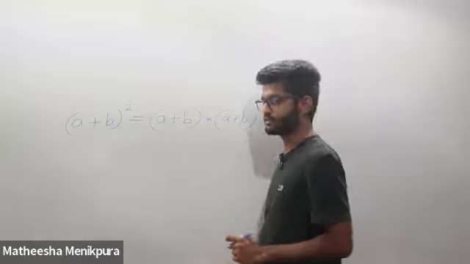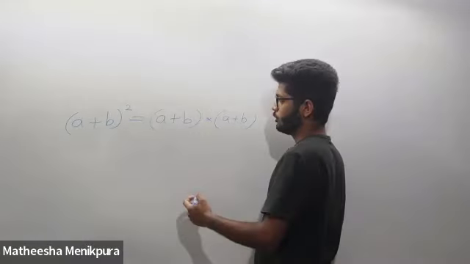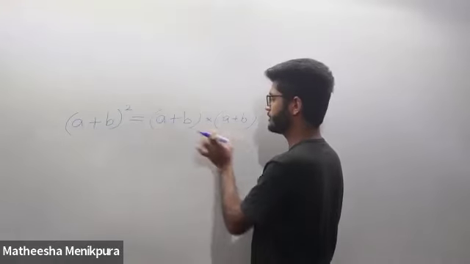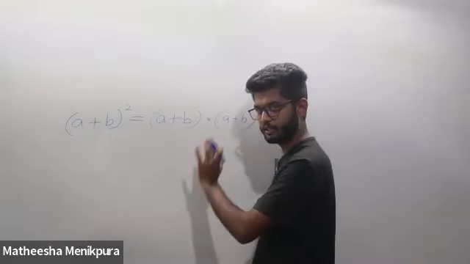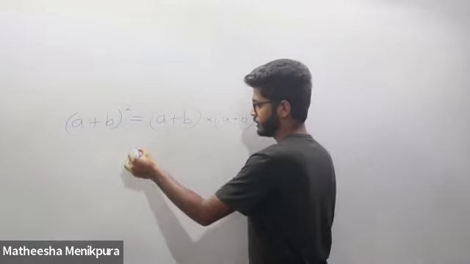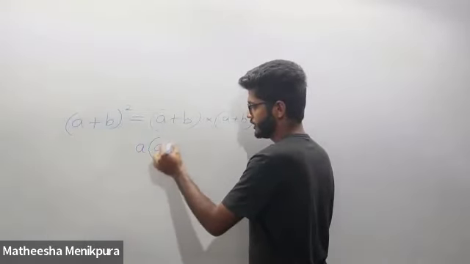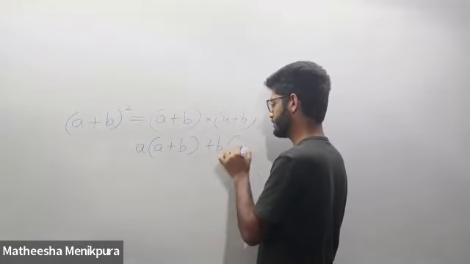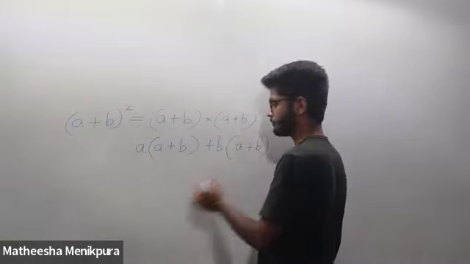This one is familiar to us. Same thing: multiply this bracket with a, multiply this bracket with b separately, and get the final answer. So (a plus b) times (a plus b).